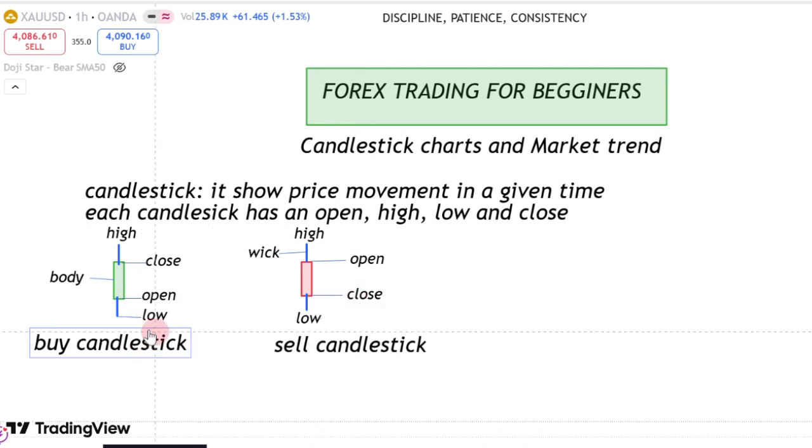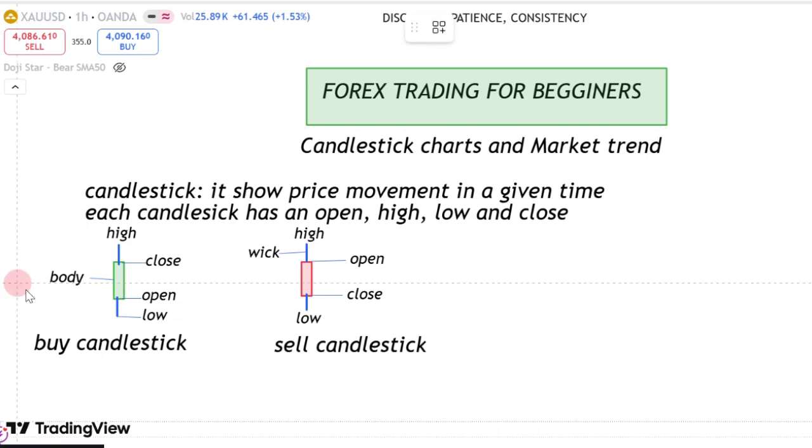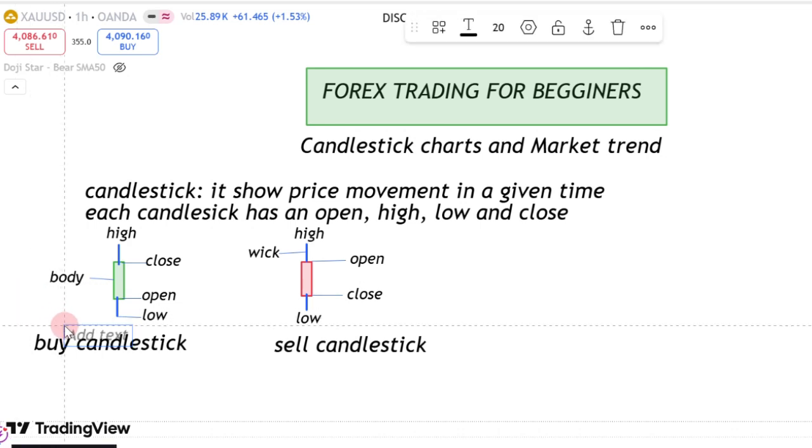Mostly we call the buy candlestick a bullish candlestick. Let me jot it here. Bullish.